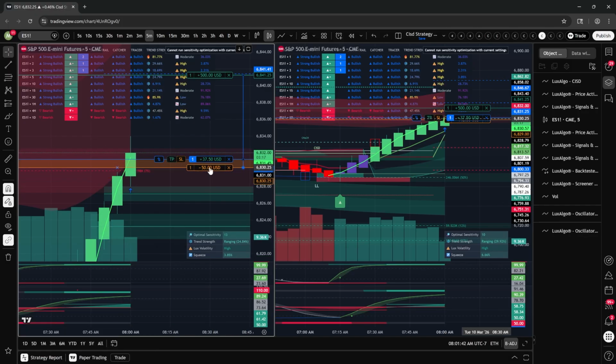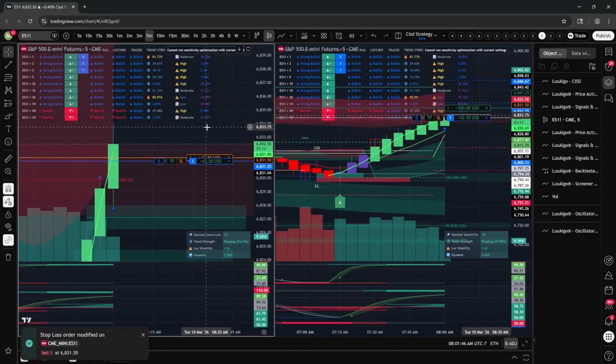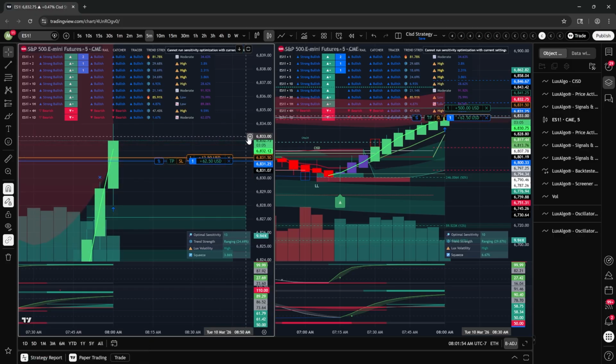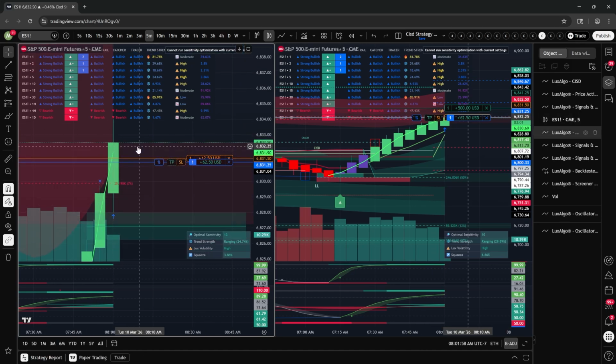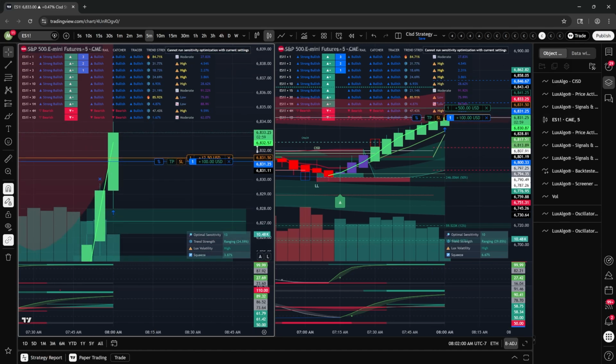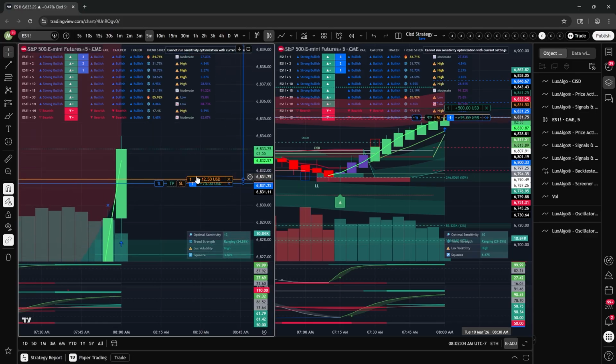Right now, it could just be waking up and then reverse. So I'm just going to protect it, even if I stop out a little bit in profit, because I don't really trust it right now. It's having trouble with this order block. I don't like that, but that's basically how I'm trading it.